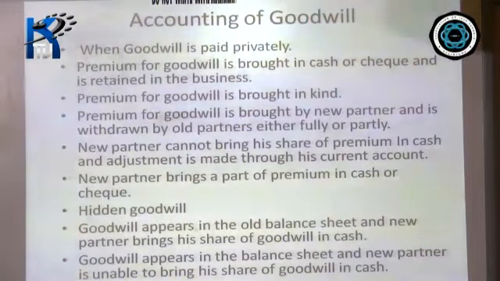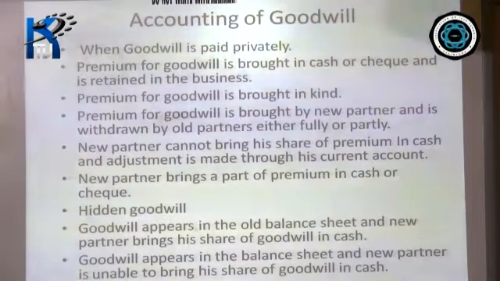Third is premium for goodwill is brought in kind. Kind means besides cash, they might bring in an asset or stock, any of those. Fourth category says premium for goodwill is brought by a new partner and is withdrawn by the old partners either fully or partly. We'll be doing all these, how to go about with the transactions, in the coming slides. New partner cannot bring his share of premium in cash.